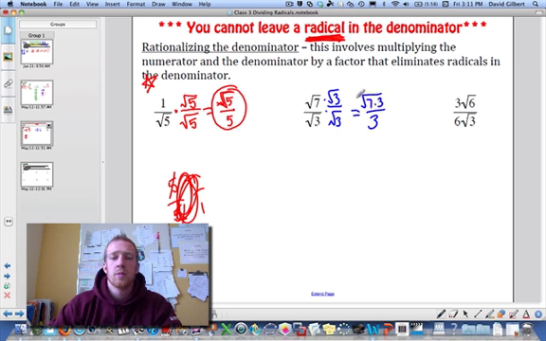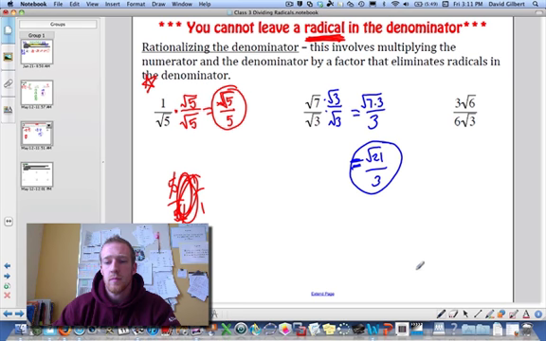There's no pair of numbers to pull out and simplify, so we just have square root of 21, 7 times 3, over 3. Again, do not try to simplify this any further. You cannot reduce this fraction because it's not really a normal fraction with a radical on top.